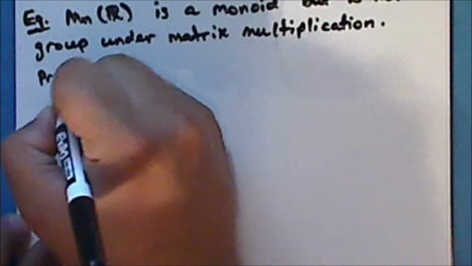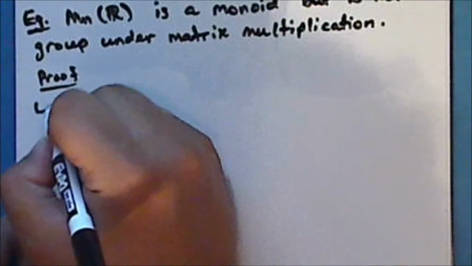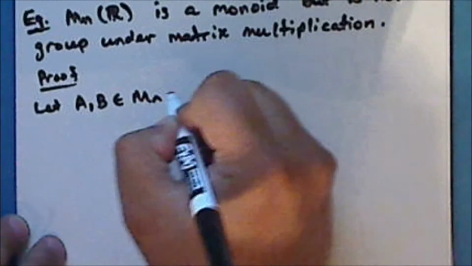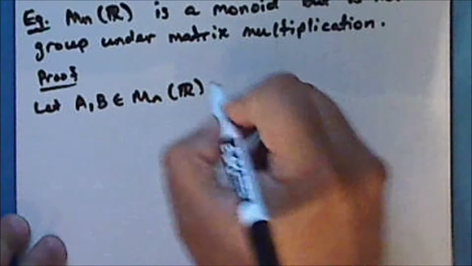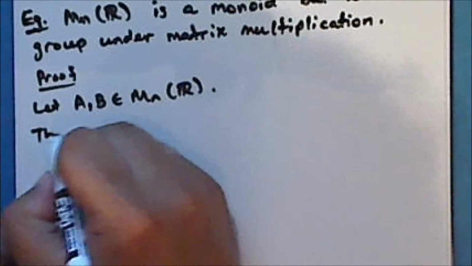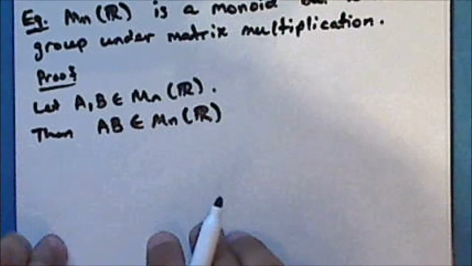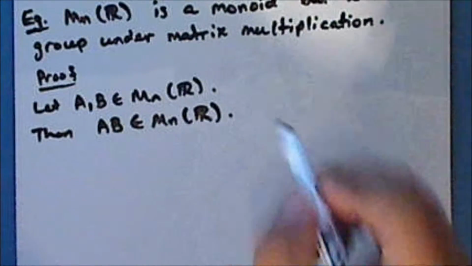So proof: let A and B be any two square matrices of order n with real entries. Then the product A times B is once again a square matrix of order n with real entries, and so we have closure.